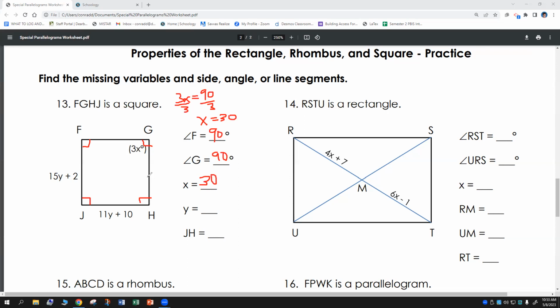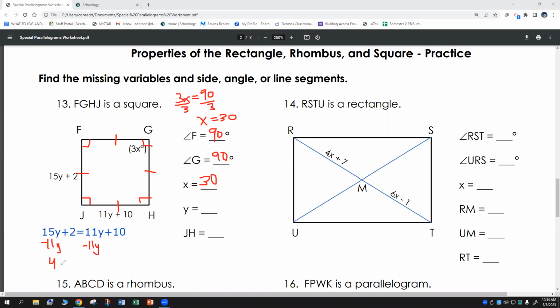Right. We also know in a square, all 4 sides are congruent. The square is also a rhombus. It's got 4 right angles and 4 congruent sides. So we can write out our equation: 15y plus 2 equals 11y plus 10, right? And they're equal to each other because all 4 sides should be equal because it's a square. So we're going to subtract 11y.